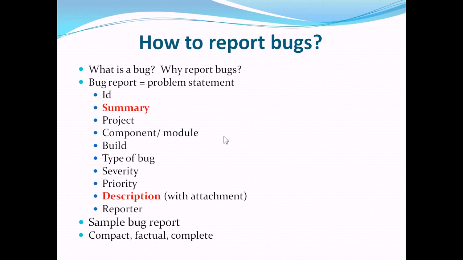So when you are creating the bug report the first time, make sure it is compact, contains facts only, no feelings or emotions, and the data is complete in all respects, so the developers get the full information and are able to understand the problem and come up with a solution. So that is how to report bugs effectively.